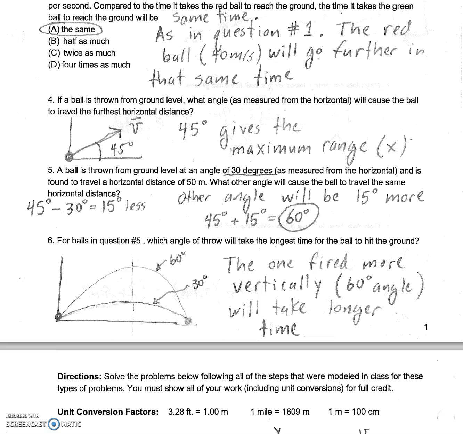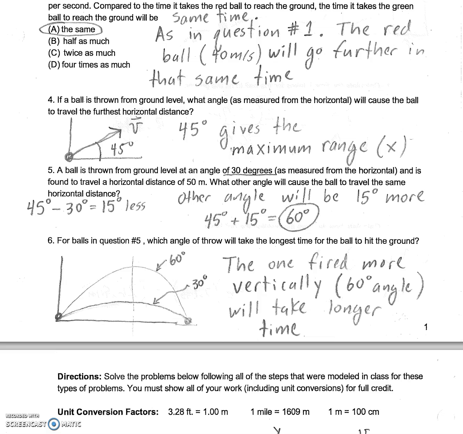And we know that the horizontal distance, or the range, is going to be increasing as our angle increases until we get to 45 degrees. And then after that point, it's going to decrease its horizontal distance. So if we want the maximum distance, we want 45 degrees.